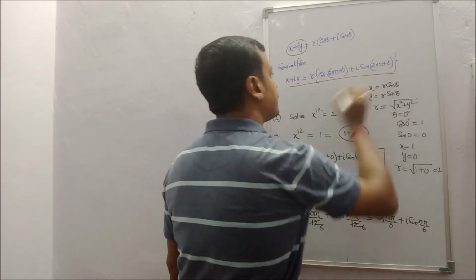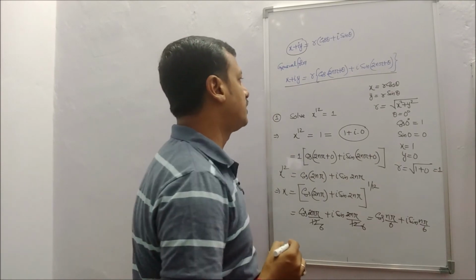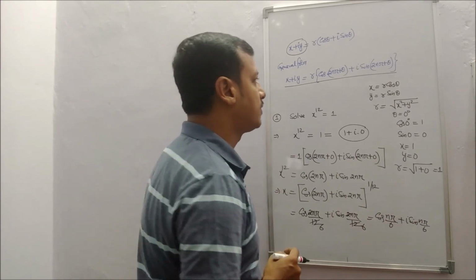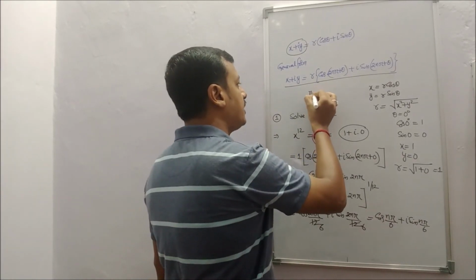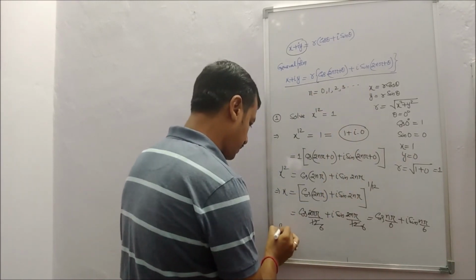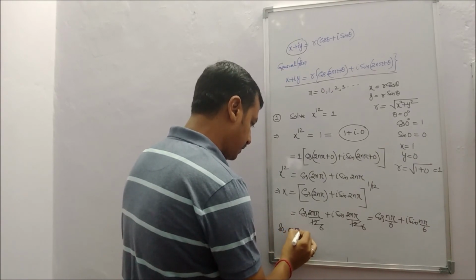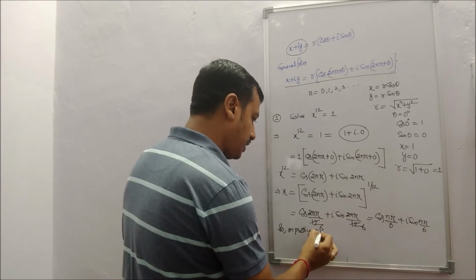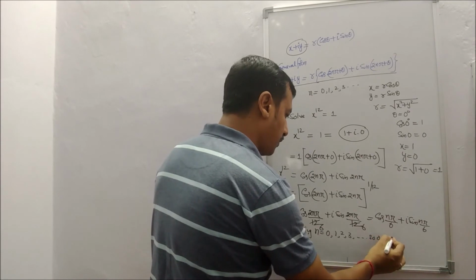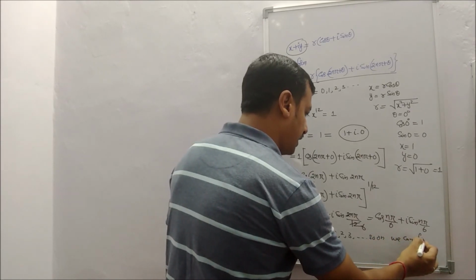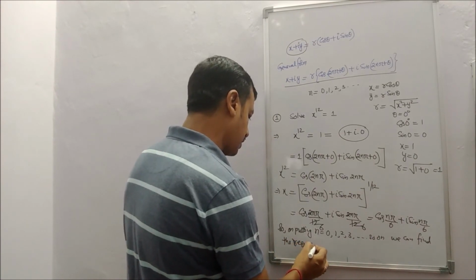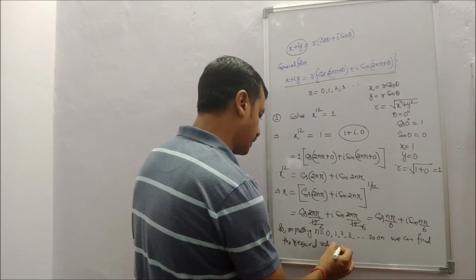In the general case where x plus iy is expressed in terms of r cos 2n pi plus theta plus I sin 2n pi plus theta, the value of n is equal to 0, 1, 2, 3 and so on. So on putting n is equal to 0, 1, 2, 3 and so on, we can find the required values of x.